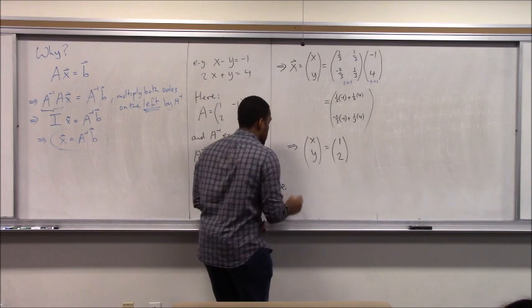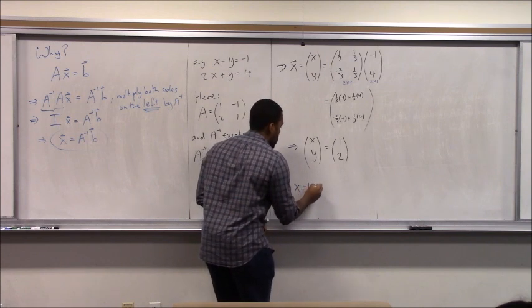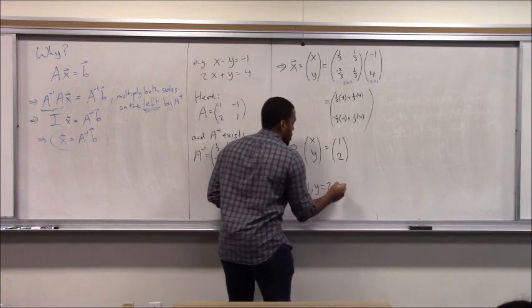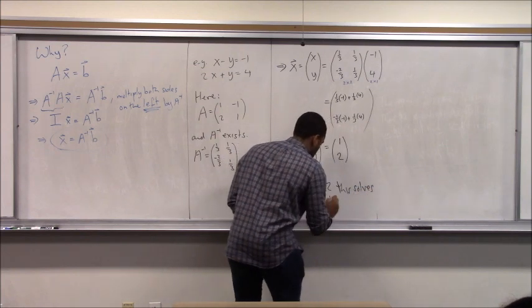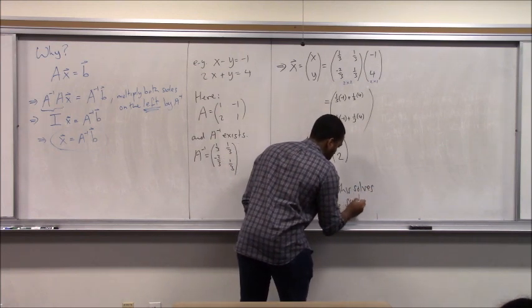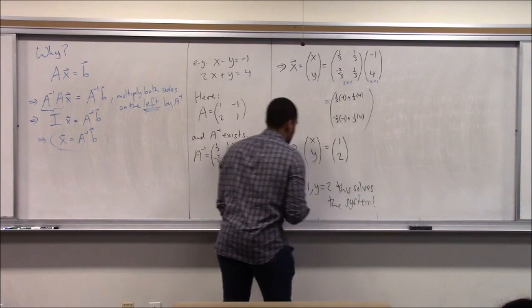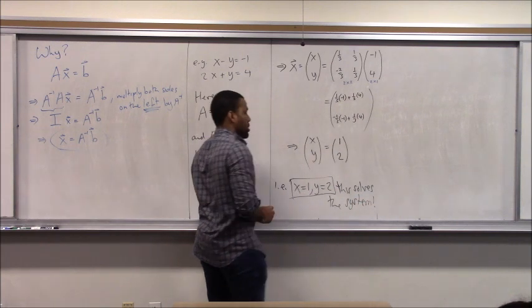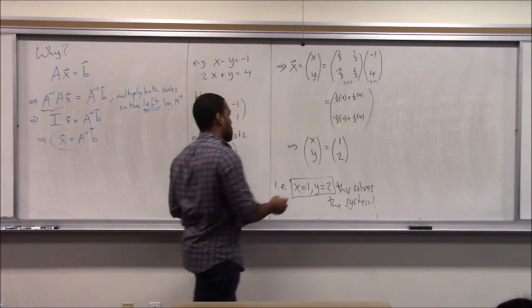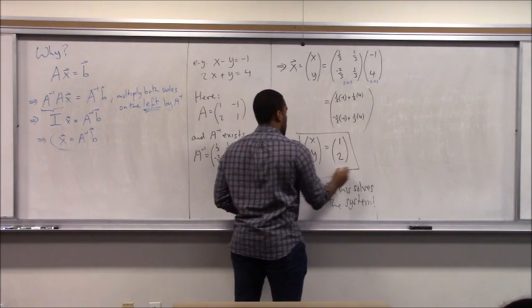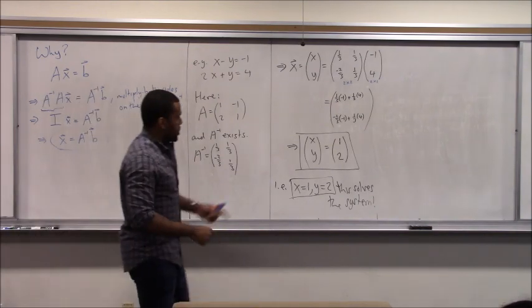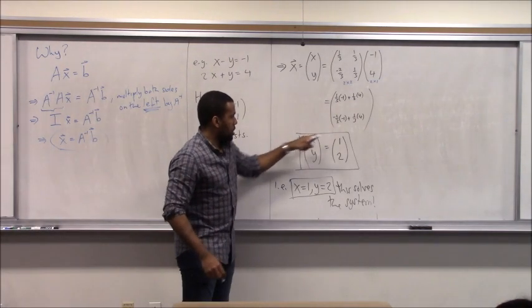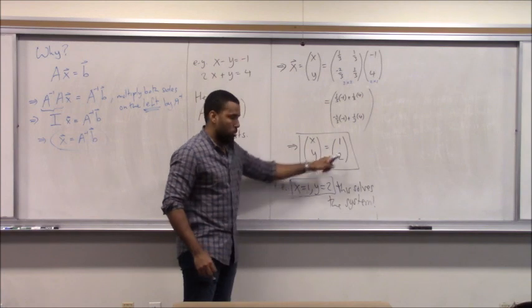I.e., if you set x equals 1 and y equals 2, this solves the system. That's one way to express the answer. You can also express it in matrix form. Matrix equality tells us corresponding components are equal. So x is equal to 1, y is equal to 2.